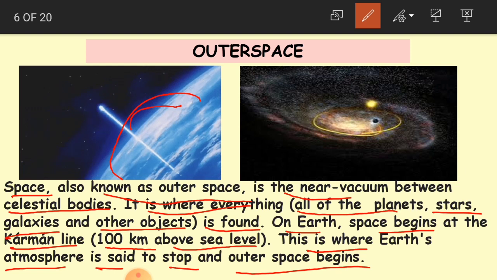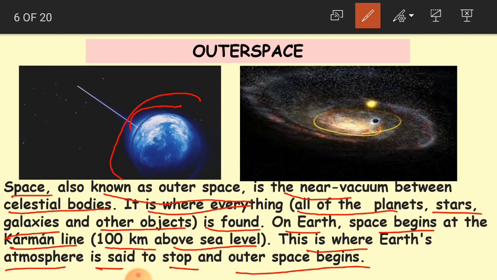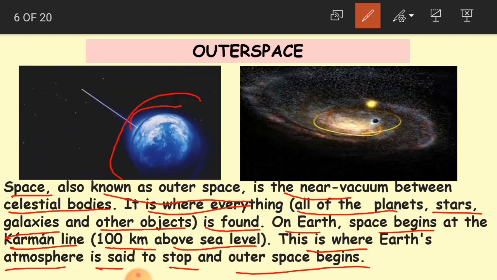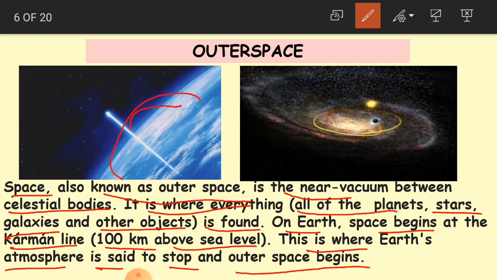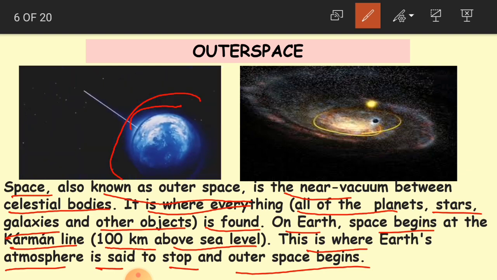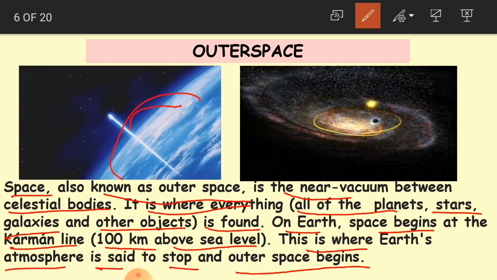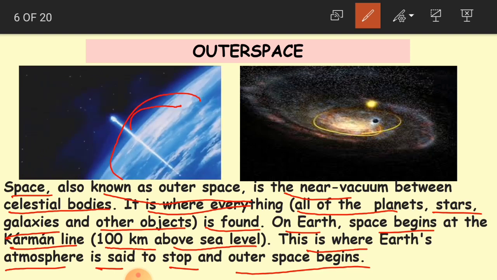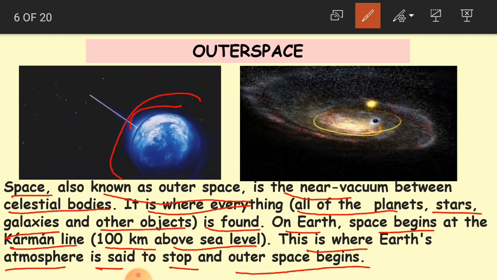Above this Kármán line, we will not be having any atmosphere of the Earth, children. So we do not have the air and all that. It is going to stop and outer space begins. So in space you do not have the air we breathe on Earth. You will be learning more about this in your coming high school classes, children. But here, what you have to understand is that in outer space we will not be having the atmosphere as we have on Earth.